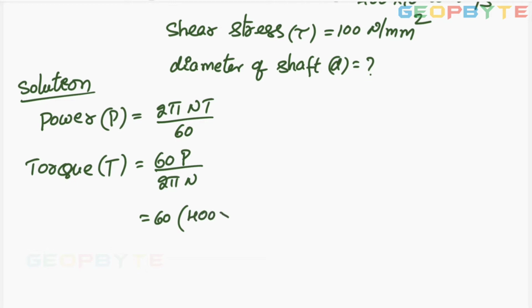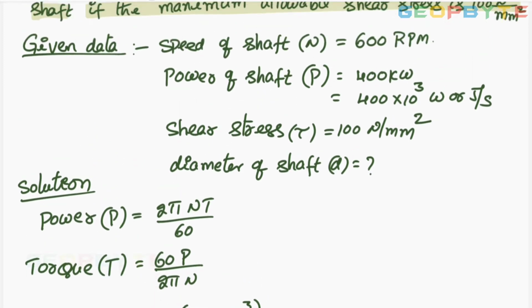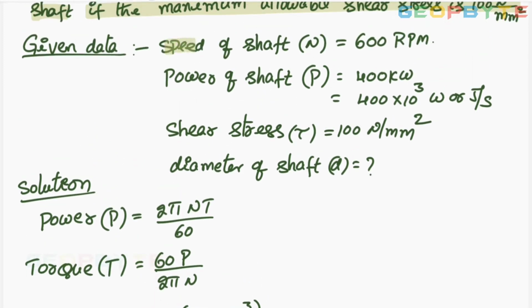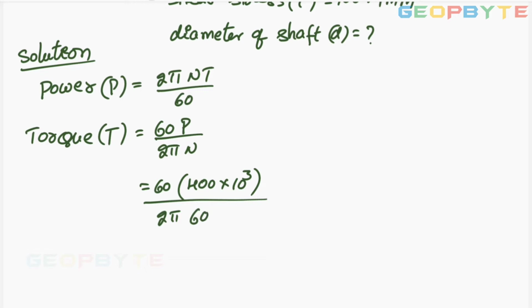400 kilowatts, 400 into 10 power 3 for getting in watts, divided by 2 pi N. Look at the N value, 600 rpm. N means speed of the shaft, 600 rpm, divided by 2 pi into 600.